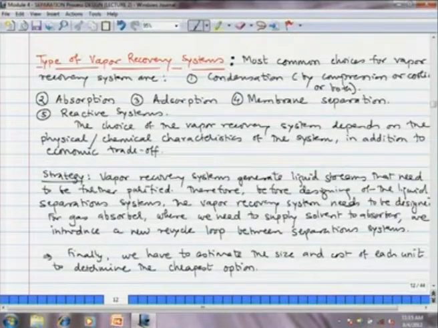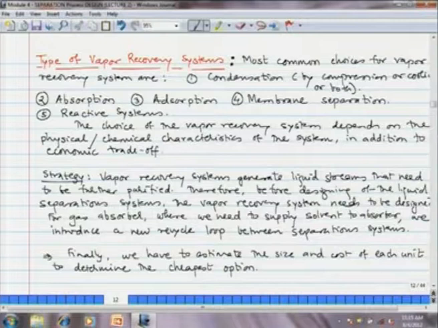After we decide the location of the vapor recovery system, we have to decide what kind of vapor recovery system we are going to use. The most common choices are: first, condensation by compression or cooling or both; second, absorption; third, adsorption; fourth, membrane separation; and fifth, reactive systems.